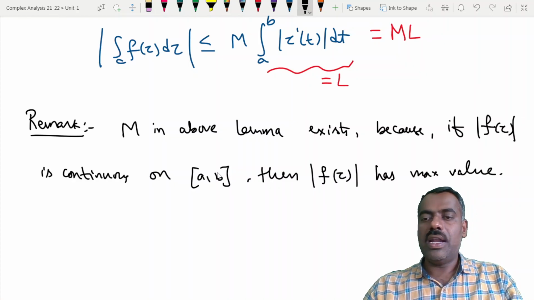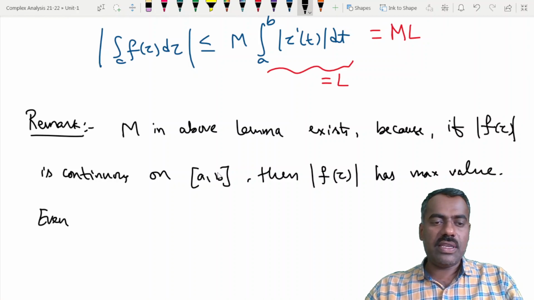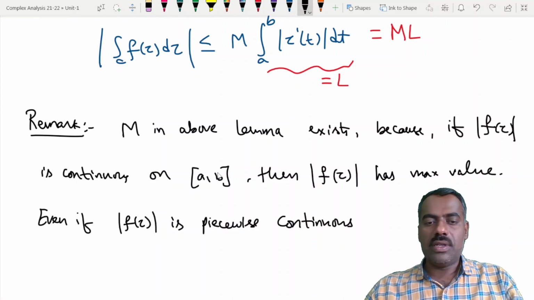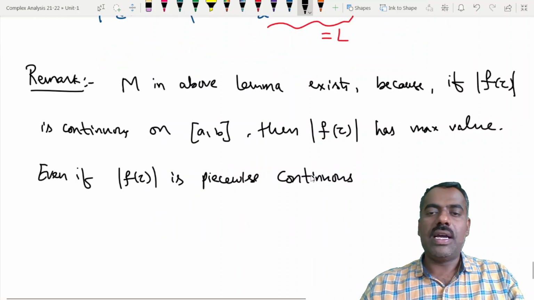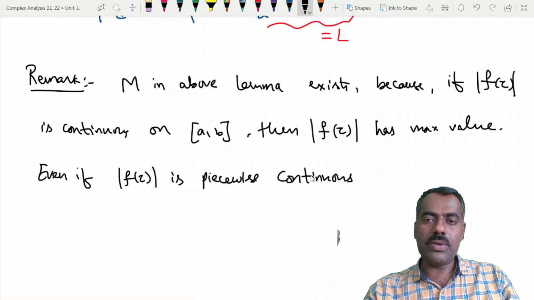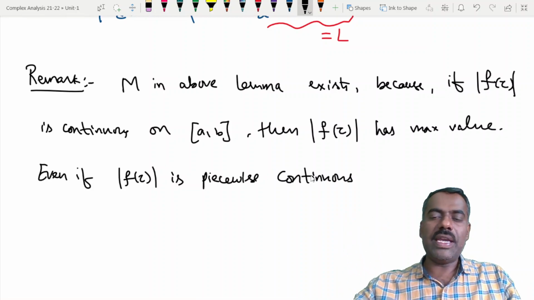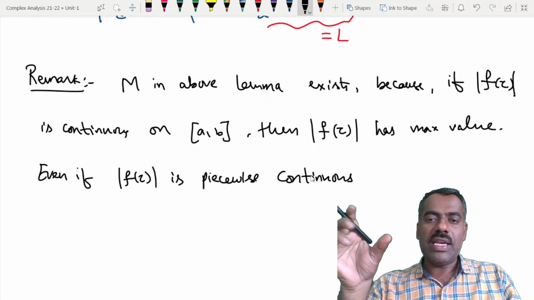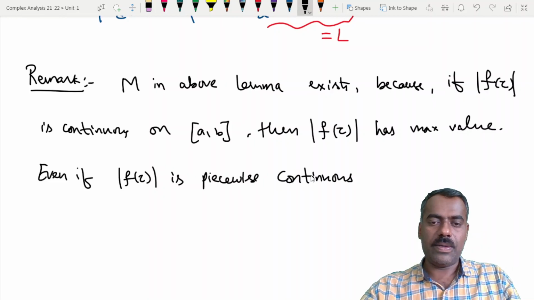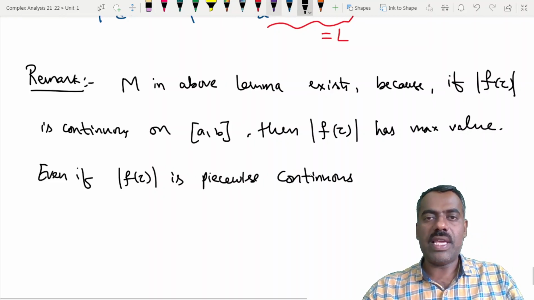Now, even if f of z is only piecewise continuous, you can break the contour into finitely many parts, where in each part mod f of z becomes continuous.